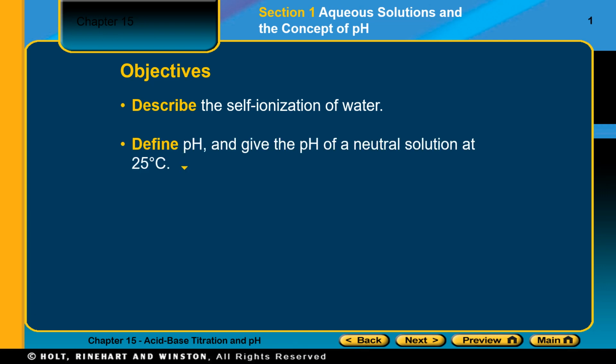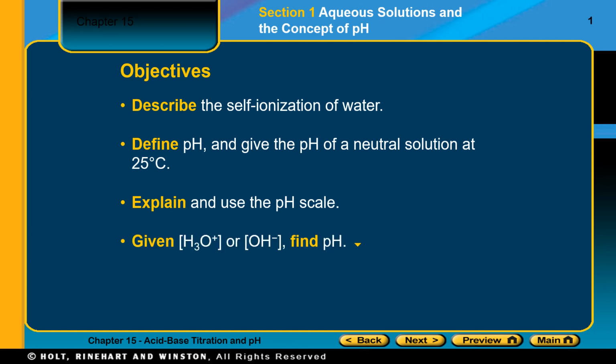Then we're going to get on to the section tomorrow where we're going to talk about pH and how we can calculate that. In this section, we'll just talk about whether it's an acid, a base, or if it's neutral. And then tomorrow we're going to use the pH scale and determine the numbers that we use for that.